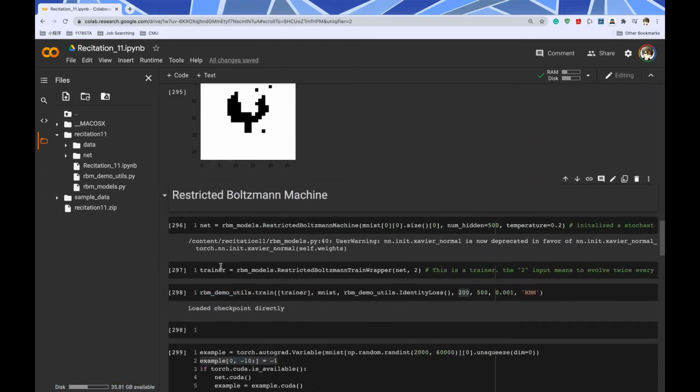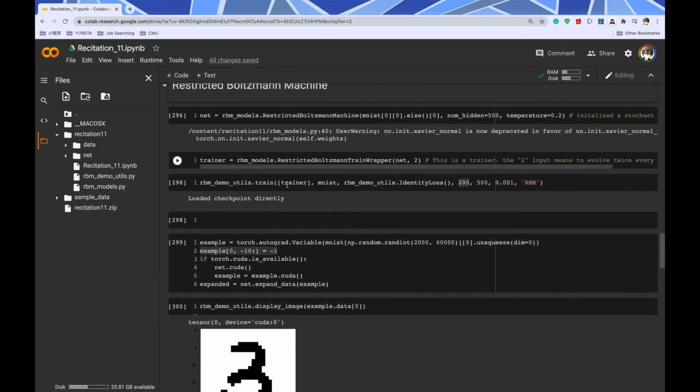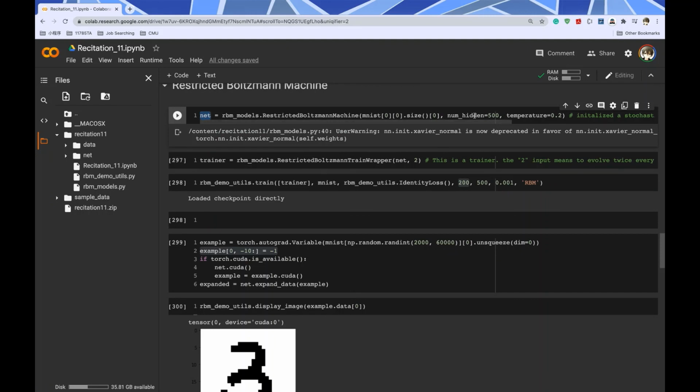Yeah, and this is the restricted Boltzmann machine. We load the network, initialize it with the hidden units to be 500, and the temperature equals 0.2, sorry. And we train it for 200 epochs with 500 batch size, and the learning rate equals 0.001.